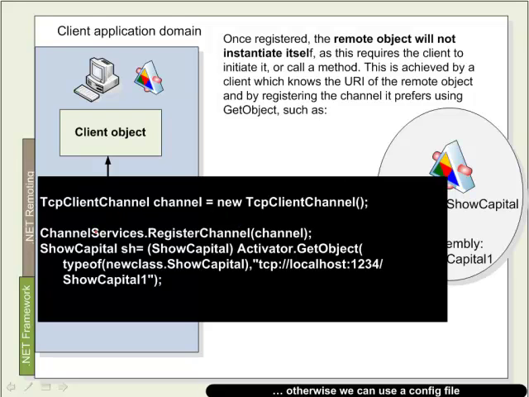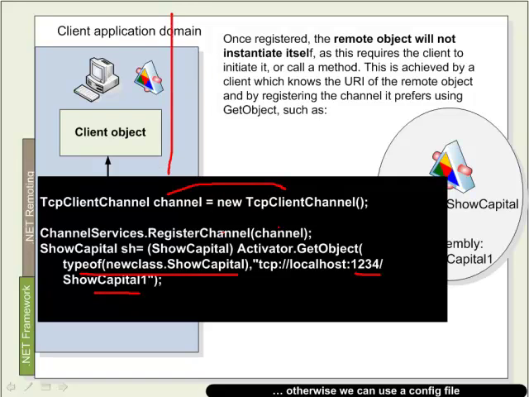So inside the client, what we do is that we register our new channel, and then we register this channel. In this case the channel is 1234, and then again we activate the object, and what we need is the type definition of the remote object, the assembly name, and so on.